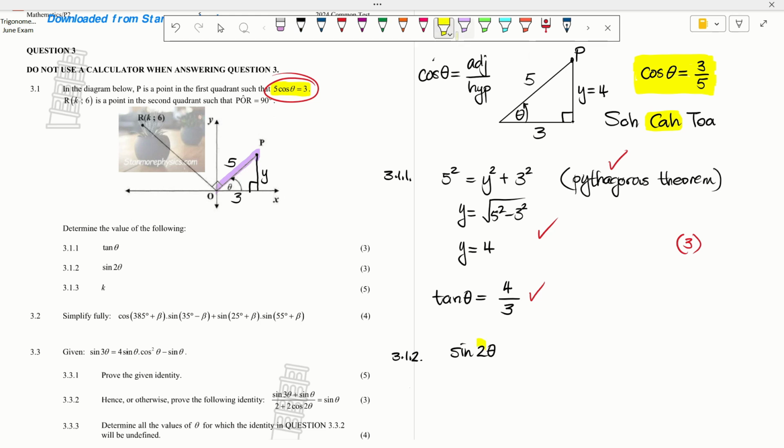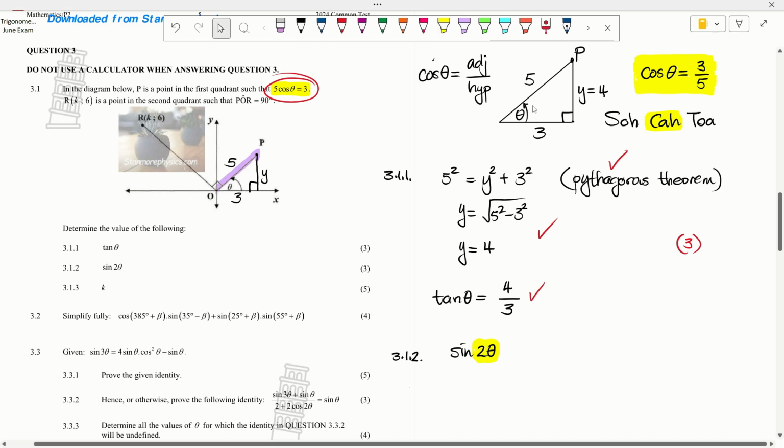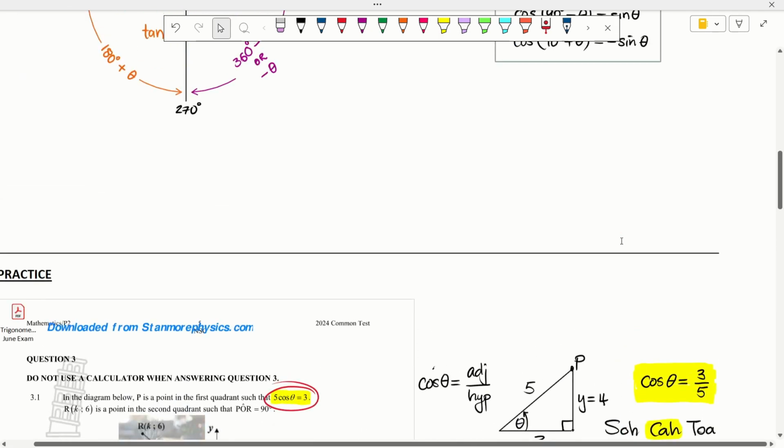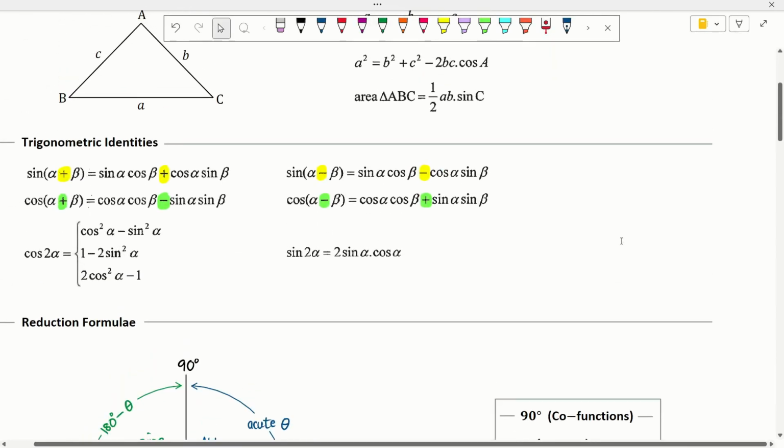Recognize that we have an identity that we discussed for a double angle. If you have an angle that is multiplied by 2, we call that a double angle identity. So go down to the formula sheet at the back of your question papers. I put it up top here, and it's what we discussed before we started the lesson.